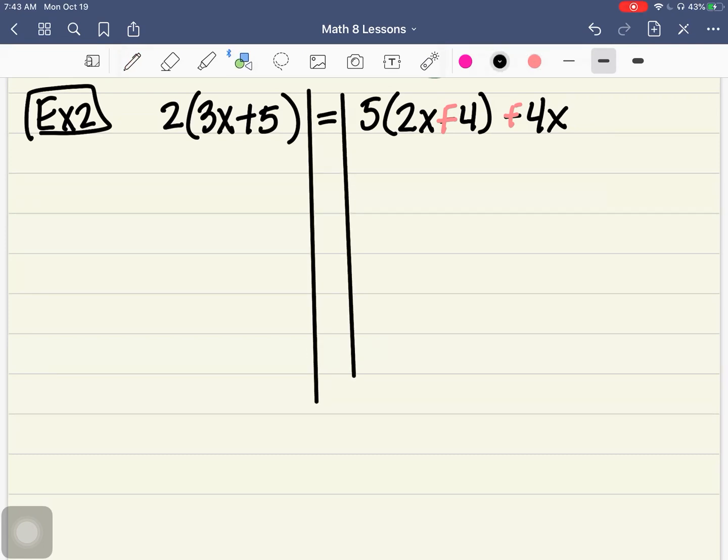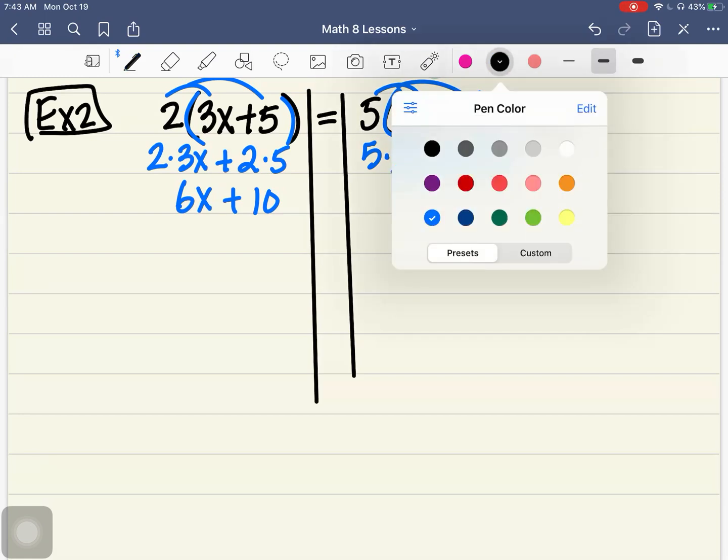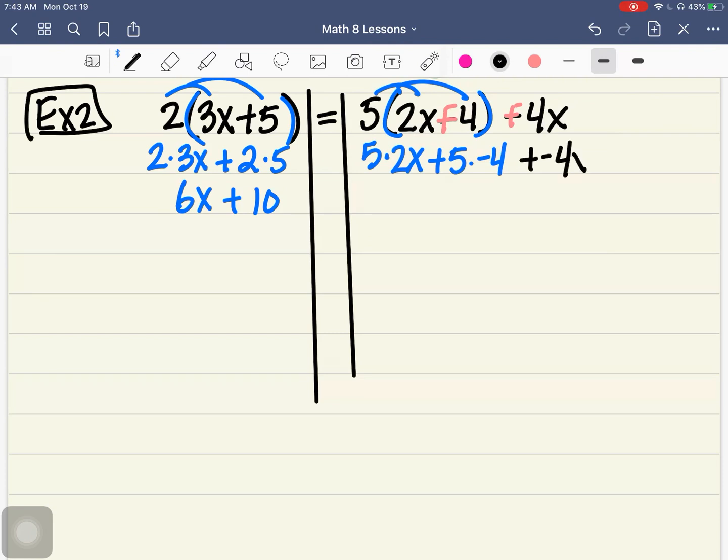All right, and we'll start solving it. So I'm going to simplify the left with the distributive property. So 2 times 3x plus 2 times 5. So I get 6x plus 10 on the left. That's simplified. I'm going to distribute on the right. I get 5 times 2x plus 5 times negative 4. And then there's still this plus negative 4x that's out here. We can't forget about that.